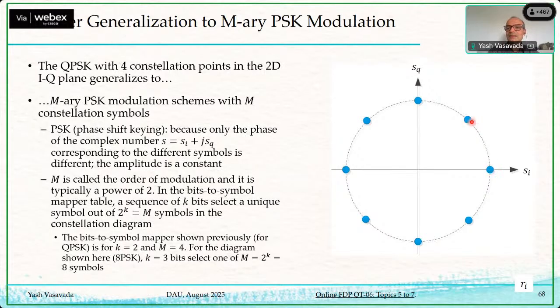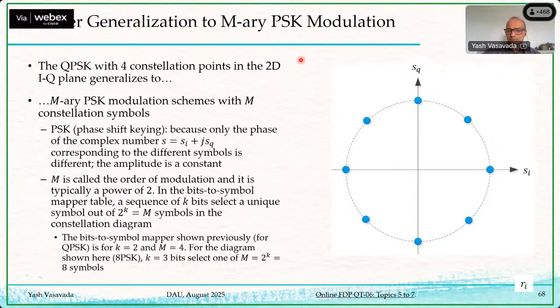When you get 0, 0, 1, you transmit this symbol, and so on and so forth. How do you transmit, for example, this symbol or that symbol? You go back to that magnitude and phase representation. Magnitude remains the same. All you change is the phase of that cosine signal.